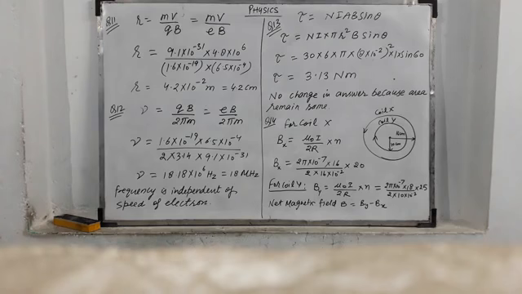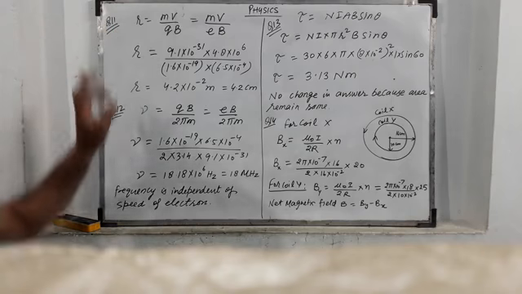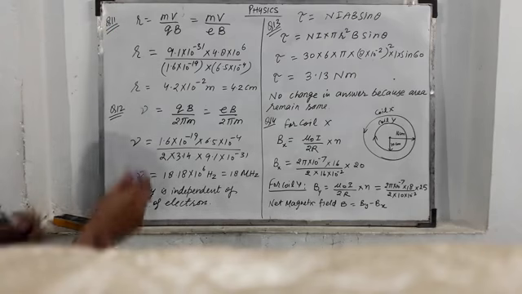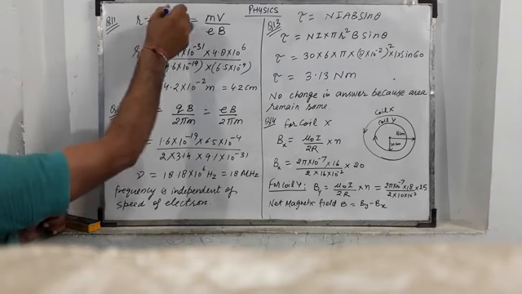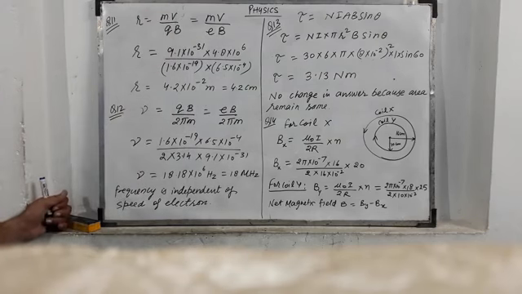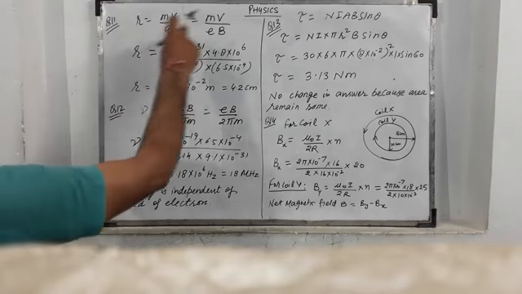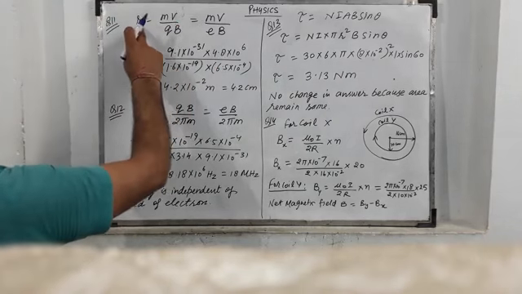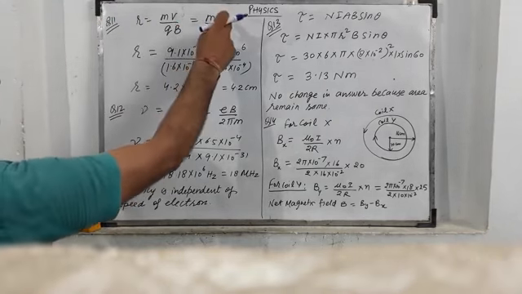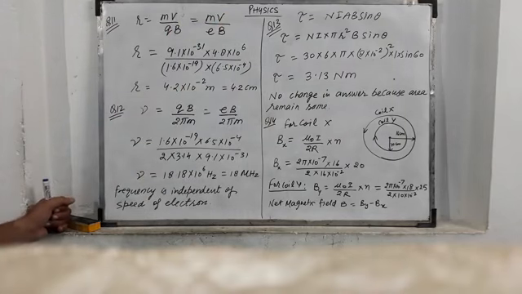In question number 11, the question is asking about the radius of circular orbit. For this we have the formula R is equal to mv upon qB. Because an electron is shot, q is e, so R is equal to mv upon eB.